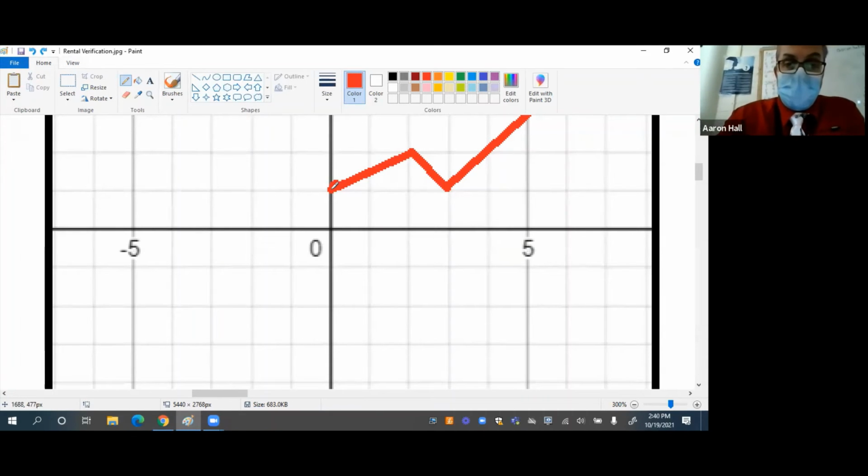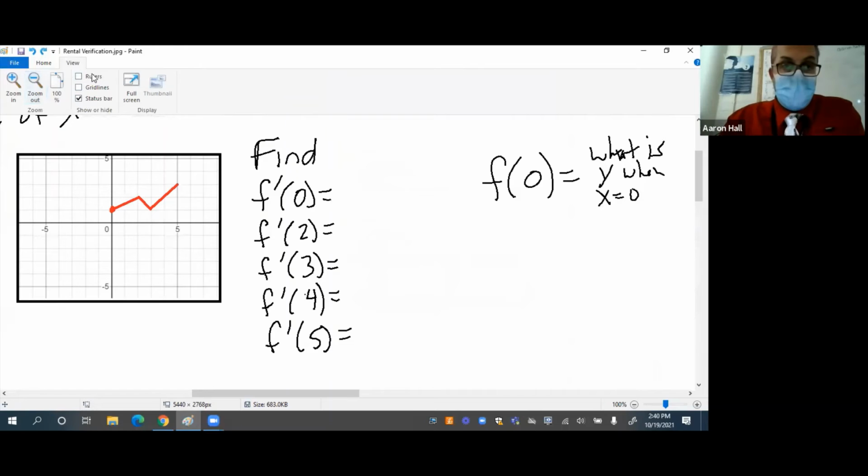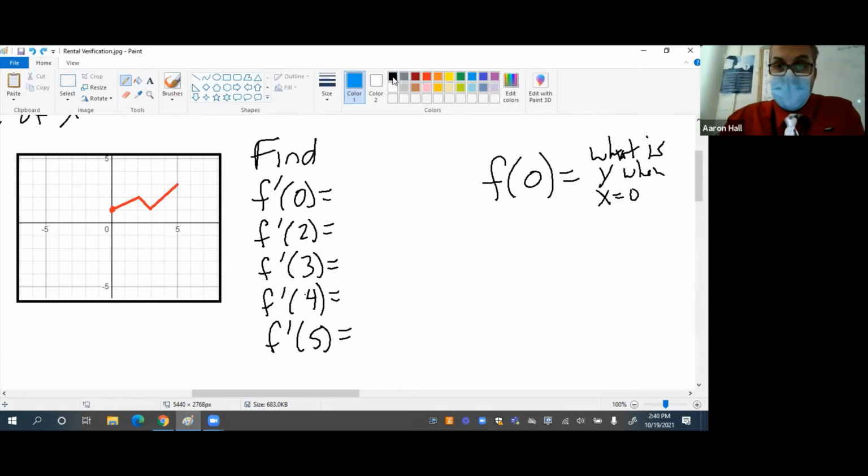So from this point here, if I'm trying to figure out what the slope is right here, well, anywhere on this line, my slope is a rise of 1 and a run of 2. So I have a slope of 1/2. Eleanor, are you good with that? When x is 0, our slope is 1/2. So my answer is 1/2.